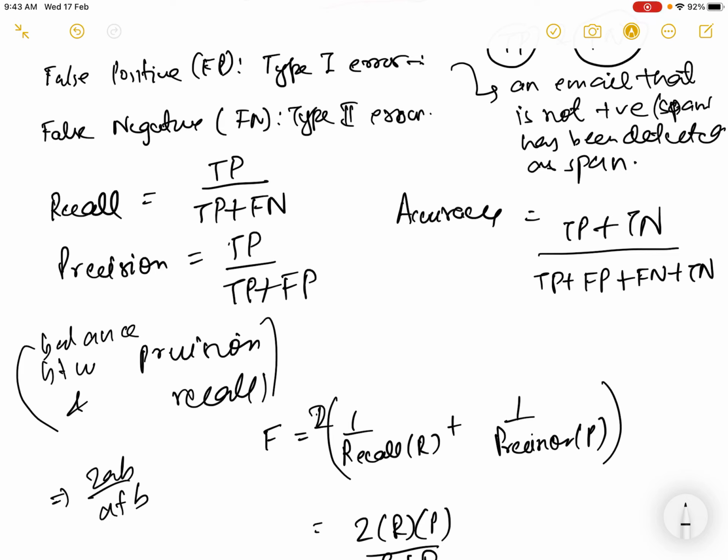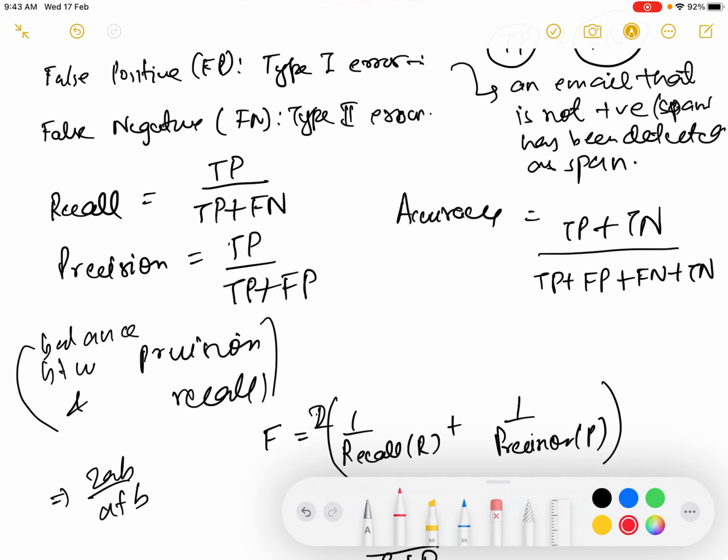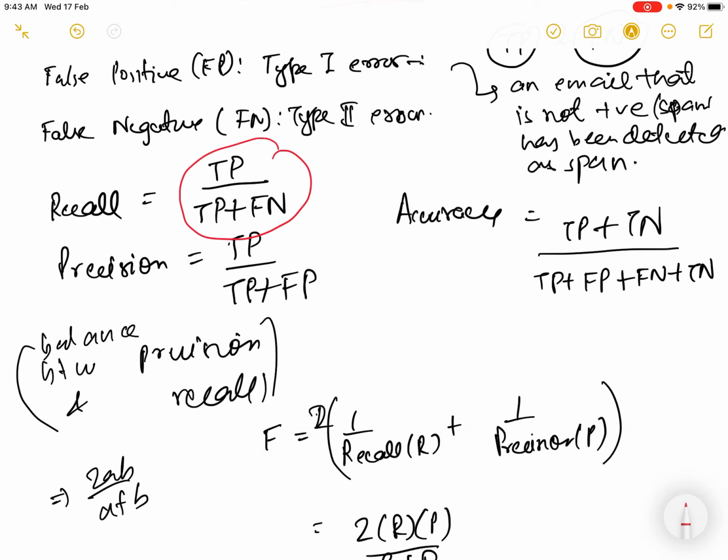First is recall. What is recall? Recall is nothing but true positive upon true positive plus false negative.